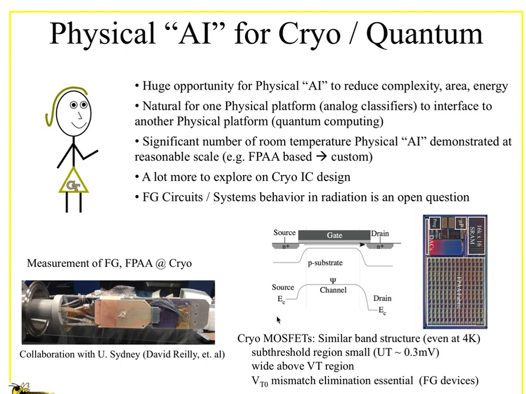Fortunately, transistors have very similar band structures, whether they be at 300K, 77K, or even as you get down to 4K, it's still similar enough. Obviously, there are some issues with subthreshold not being all that large, being pretty small, and things are going to be above threshold. But I think there's a huge opportunity, and it's really clear that threshold mismatch elimination is essential, and programmability is essential. So I think there's a huge opportunity there, and I look forward to seeing what potentially could happen going forward.